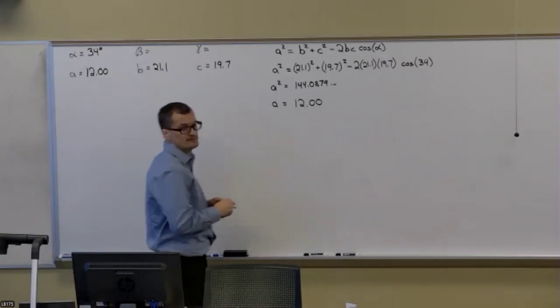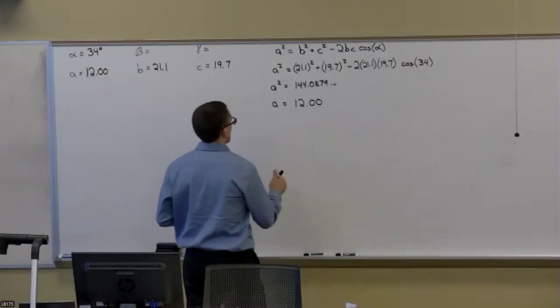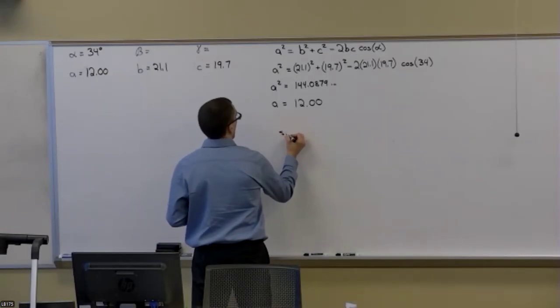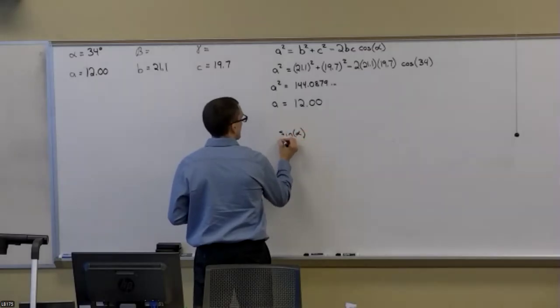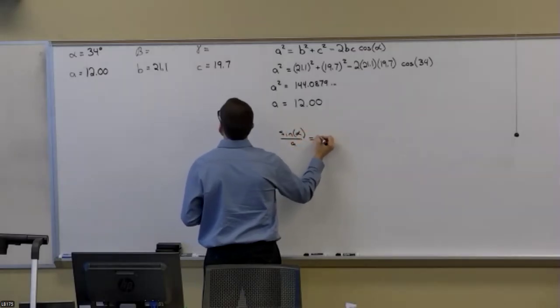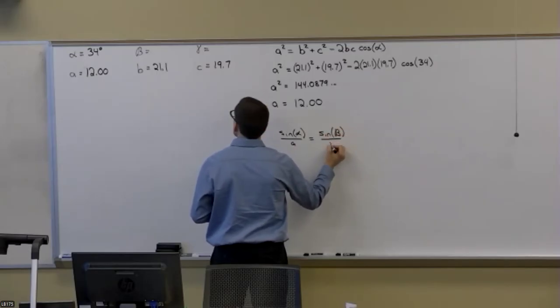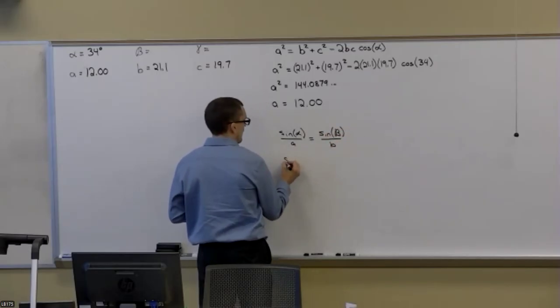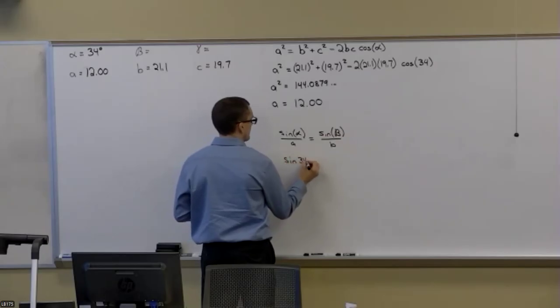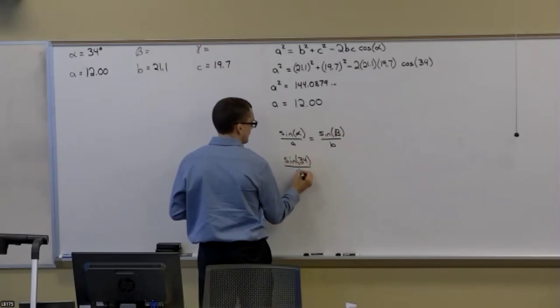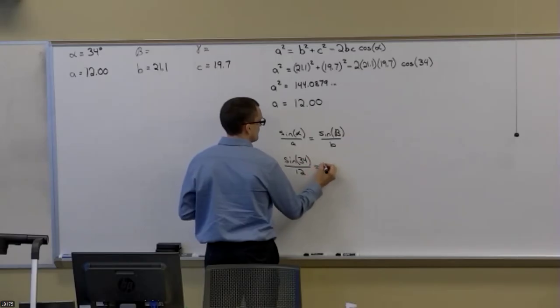So let's do that. Let's say sine of alpha over A is equal to sine of beta over B. I know alpha is 34 degrees. Now I know that A is 12.